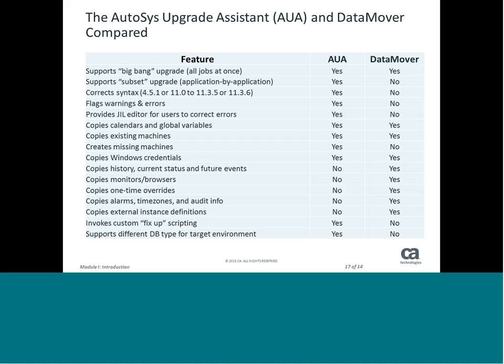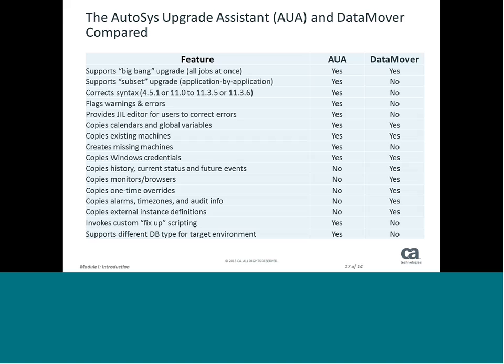is involved here. And as you can see on the left, the Upgrade Assistant versus the Data Mover supports a subset approach versus a big bang approach. You can do every job with the Upgrade Assistant, but it also allows for subsets of jobs to be migrated at a time. Both copy calendars, machines, globals.